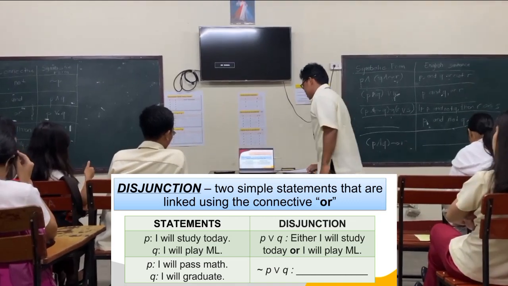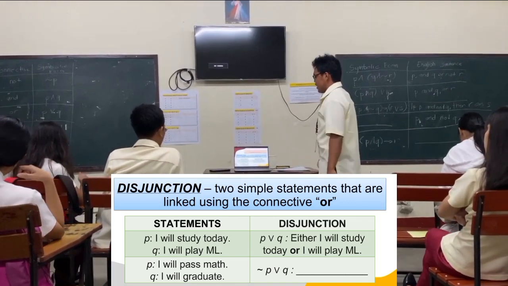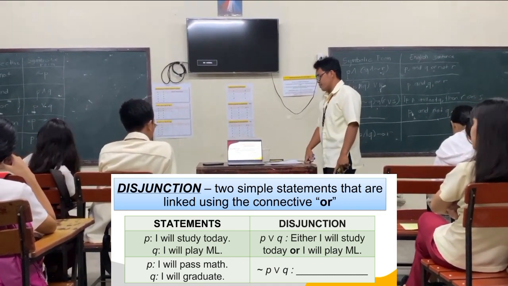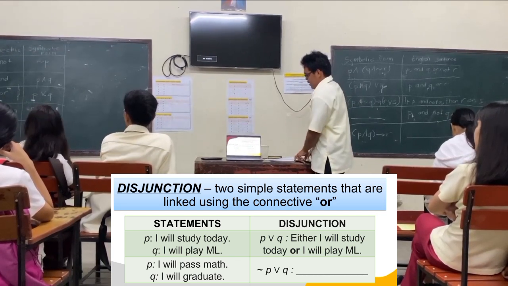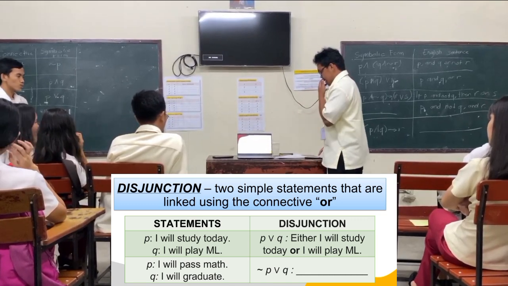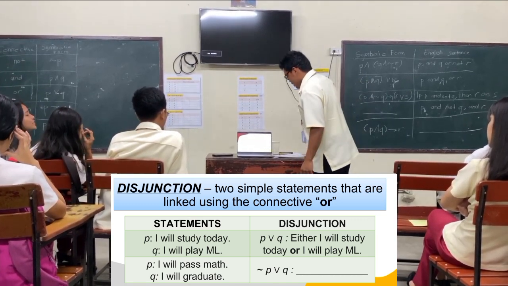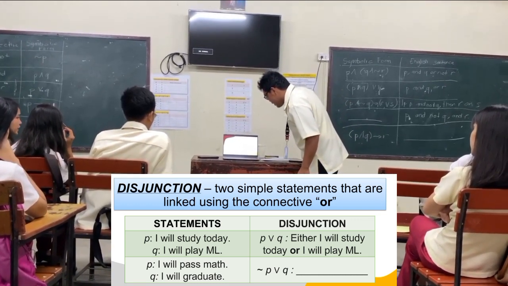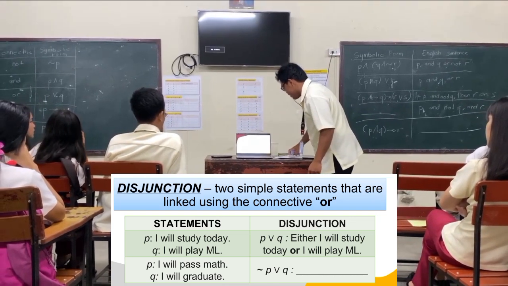Disjunction. When we say disjunction, it is a statement wherein two or more simple statements are connected using the word or. Here is the example: I will study today, I will play again.